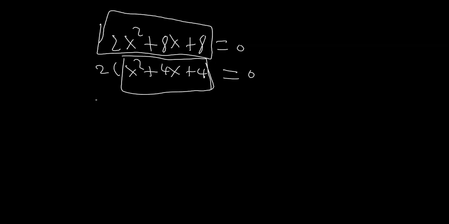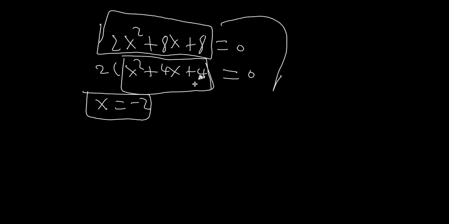So we already know that x is going to be equal to negative 2 for the 0. And to prove to you that no matter what you times the standard equation, right, you can times x squared plus 4x plus 4 by 3, and you'll get 3x squared plus 12x plus 12, and you'll still get x is equal to negative 2 if you plug it all into the quadratic equation.